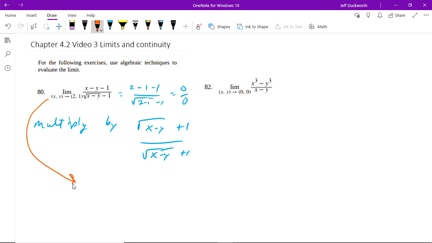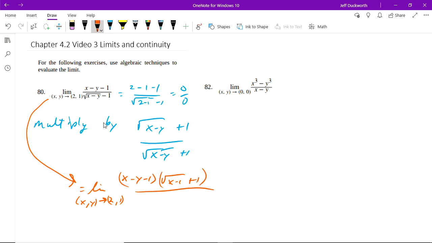So then after we do this, this equals the limit as xy approaches 2, 1. I'm not going to distribute that. I'm going to leave it as x minus y minus 1 times this root x minus y plus 1.